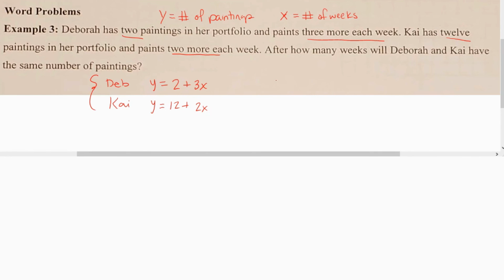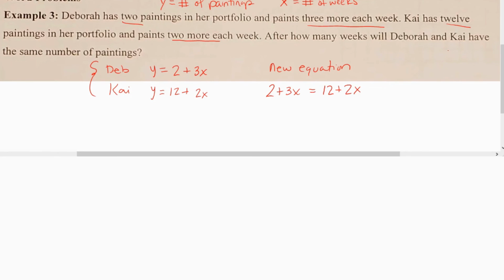Now we can write our new equation. 2 plus 3x is equal to 12 plus 2x. So the question says, after how many weeks will Deborah and Kai have the same number of paintings? So we need to solve this equation for x.